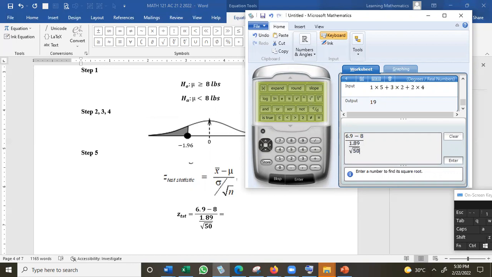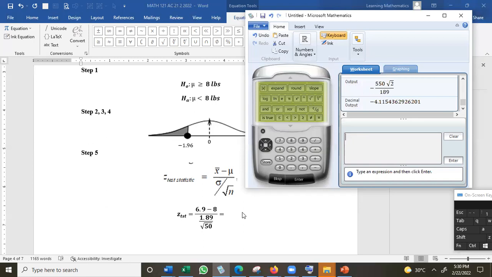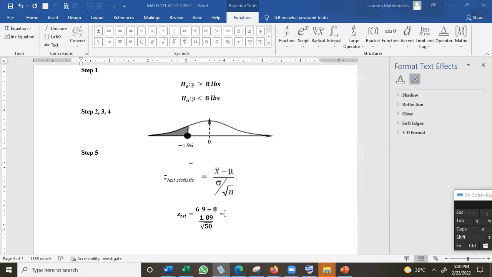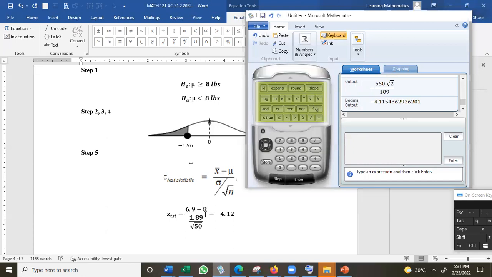Okay, so you can just click equal, and that gives us negative 4.12. Negative 4.12. 2 decimal places suffice. Okay, so that's step number 5.